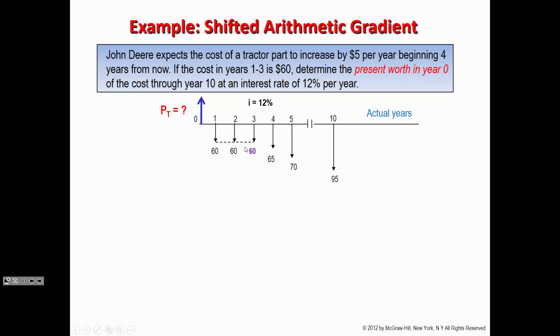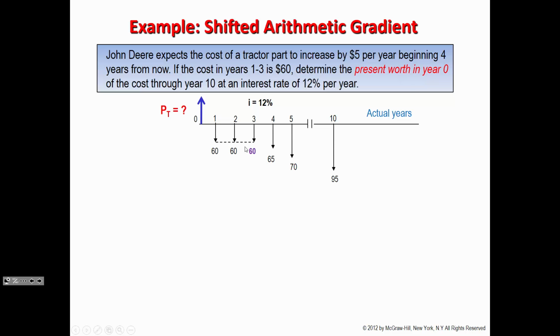And what about the annual series? Do we have to break that into steps, or can it all go to year 0 in a single step? Anybody feel like they know? The annual series, the amount of 60 every year. Does it have to be in steps, or can it go all at once? All at once, that's right, because it is right next to year 0.